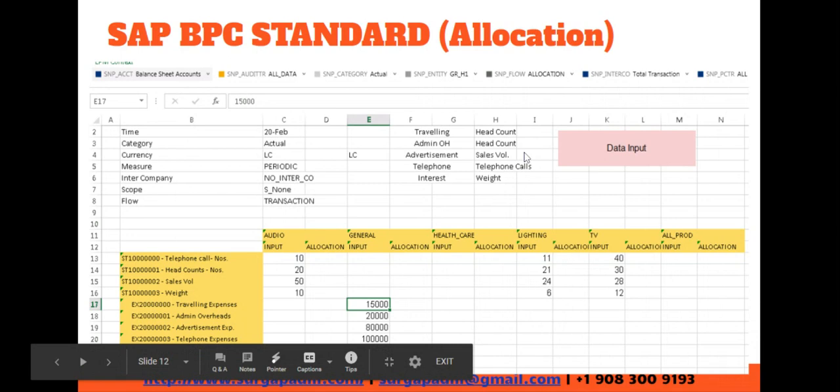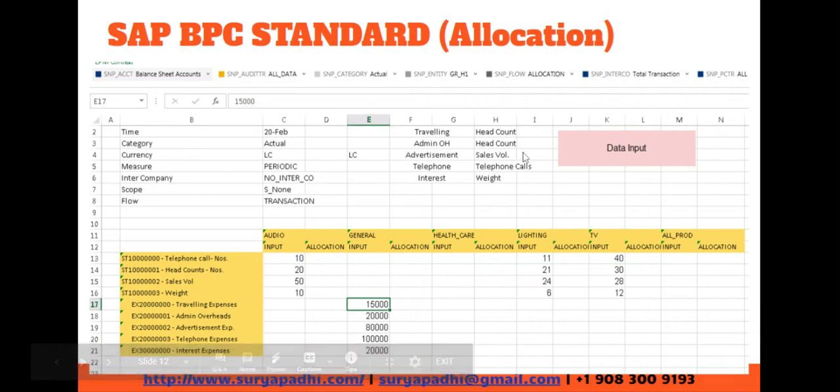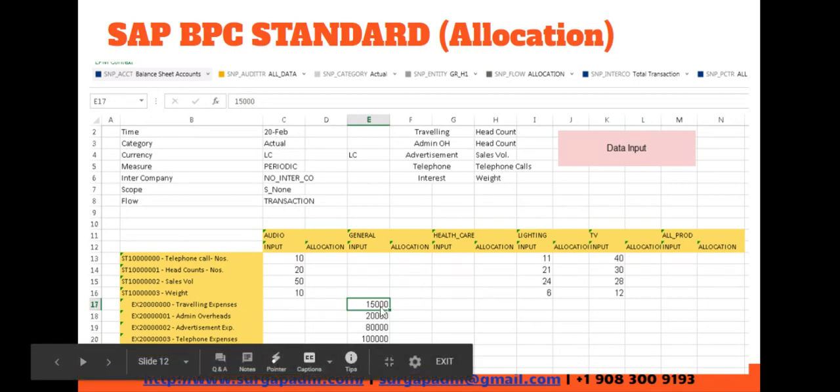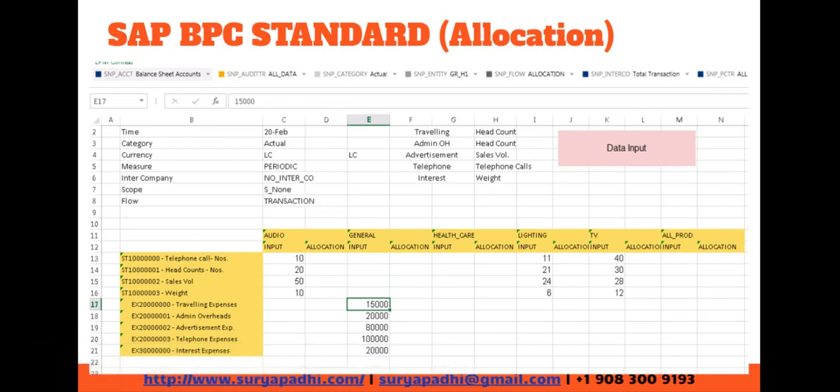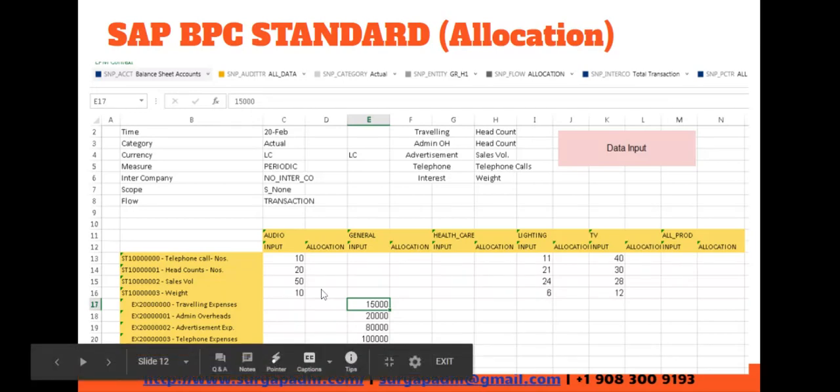In this slide, you can see the expenses entered. Traveling expenses 50,000, admin is 20,000, advertisement is 80,000, telephone expenses is 100k, and interest is 20k.